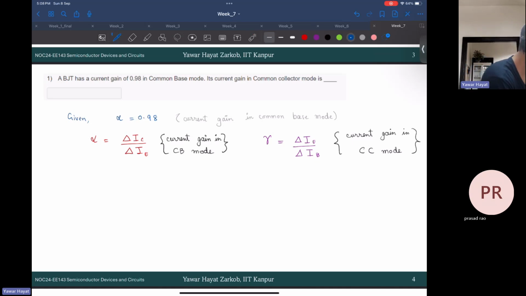So we proceed as follows. Some of you would already know this, or it might already be shown in the lectures, but still I'll repeat this part. Your emitter current IE is collector current plus base current. And so we have delta IE equal to delta IC plus delta IB.